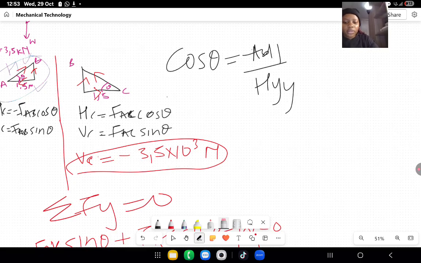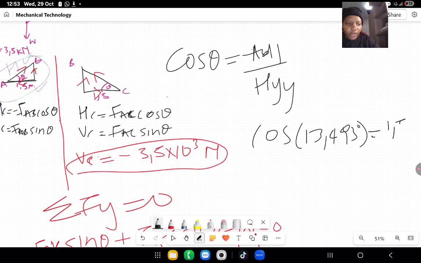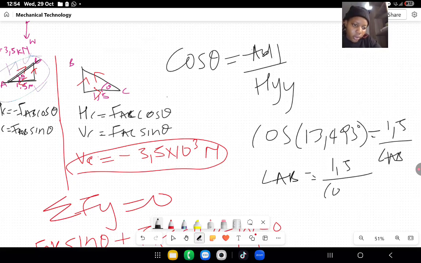So our cos of the angle we calculated, 13,493, equals our adjacent, which is 1,5, over our hypotenuse, which is LAB. We multiply by LAB, then divide by the cos, so our LAB equals 1,5 divided by cos of 13,493.